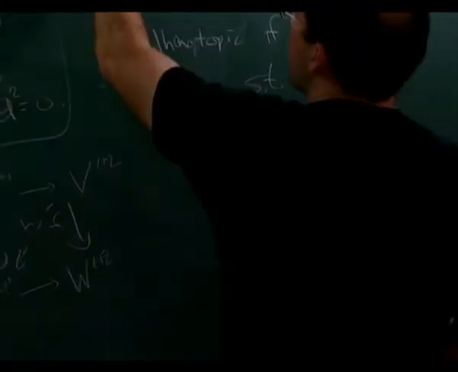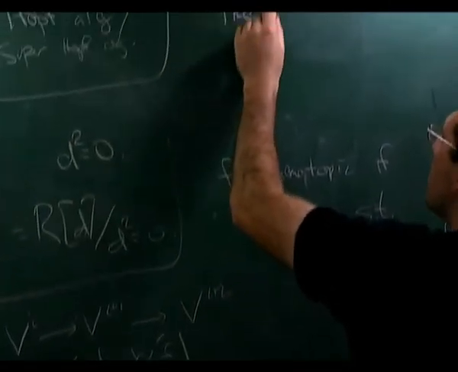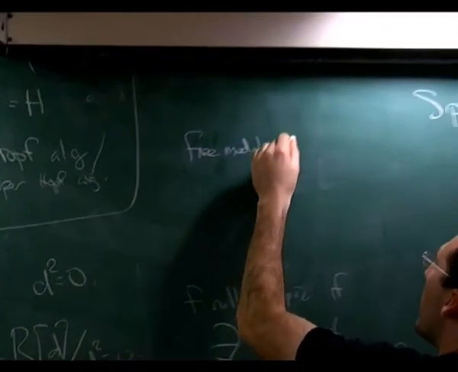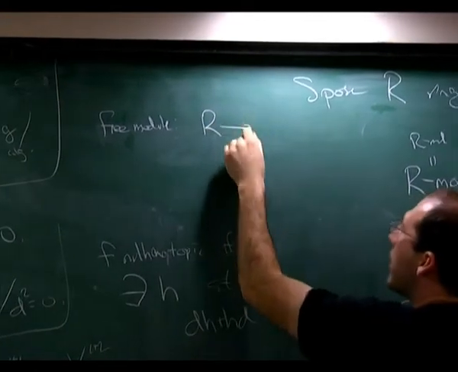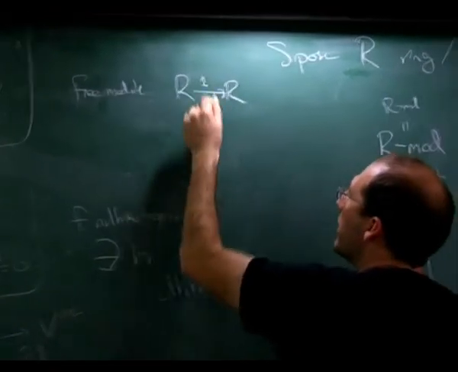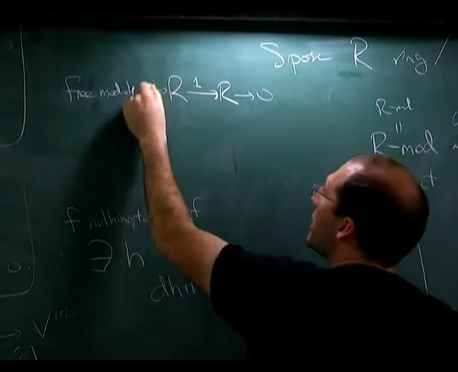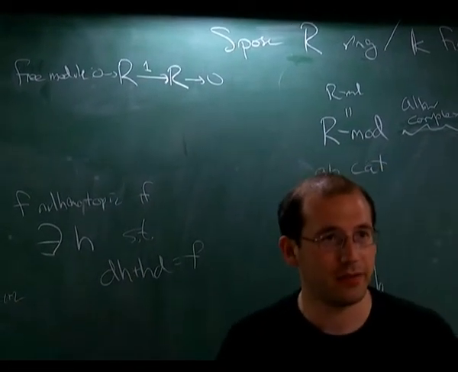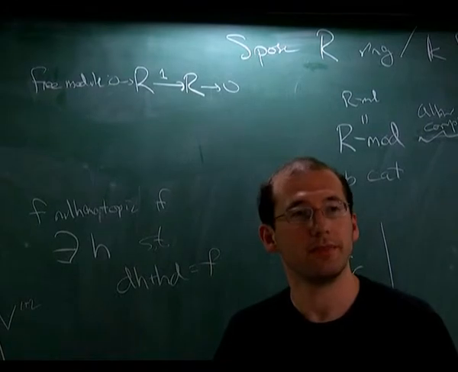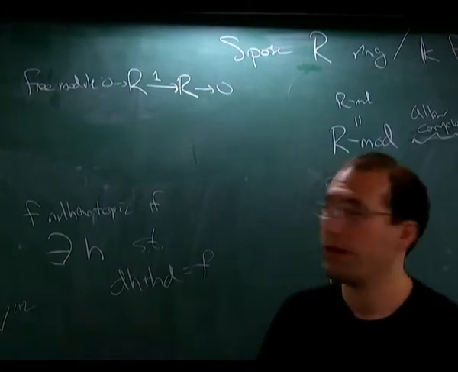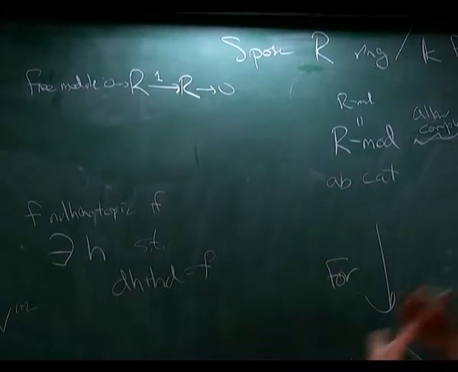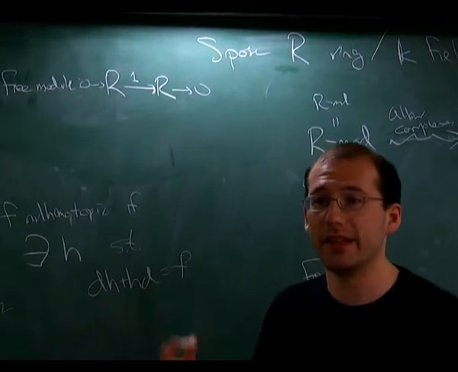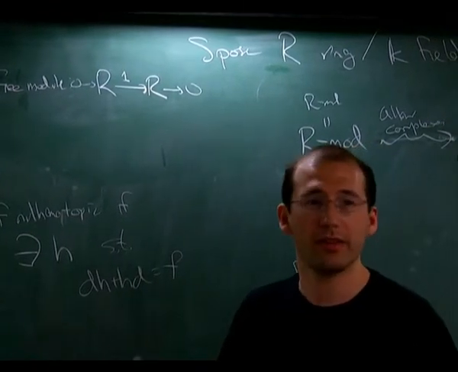So here is the free module. It looks like this. R goes to R by multiplication by 1, and then there's zeros everywhere else. This is the ring A itself, viewed as a complex. Okay? And actually, the identity morphism of this thing is null homotopic. This is sort of a standard fact.